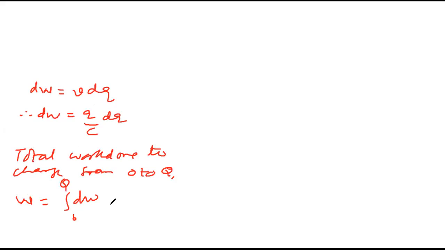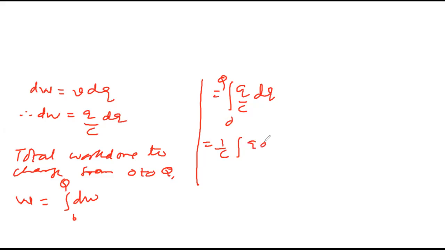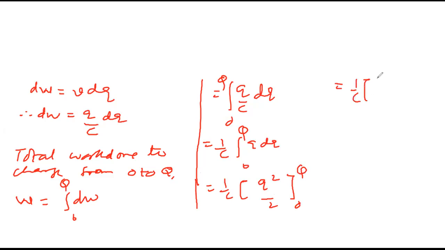Any doubt? No, sir. Now it is maths. This equals Q by C dQ from 0 to Q. So 1 by C, Q dQ from 0 to Q. 1 by C, Q square by 2 is the integration formula from 0 to Q. That is 1 by C, Q square upon 2 minus 0 square upon 2.